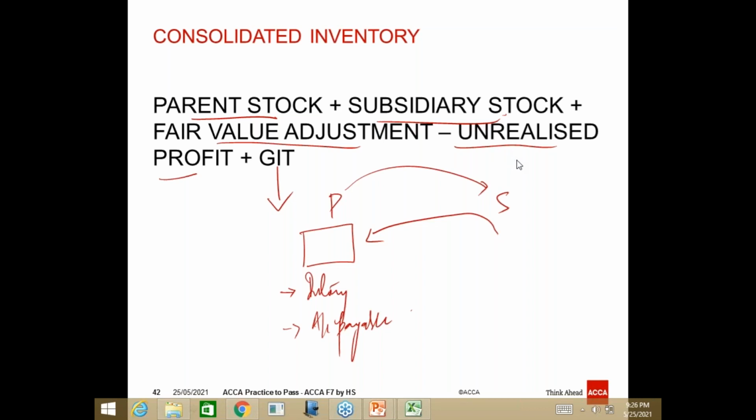So you need to do the adjustments for the fair valuation adjustment, but you need to see whether, if there is an upward fair valuation adjustment in the inventory, that inventory existed at the reporting date or not. Wait, I'm going for the cash in transit. It will be discussed in the next class, next slide, in fact.